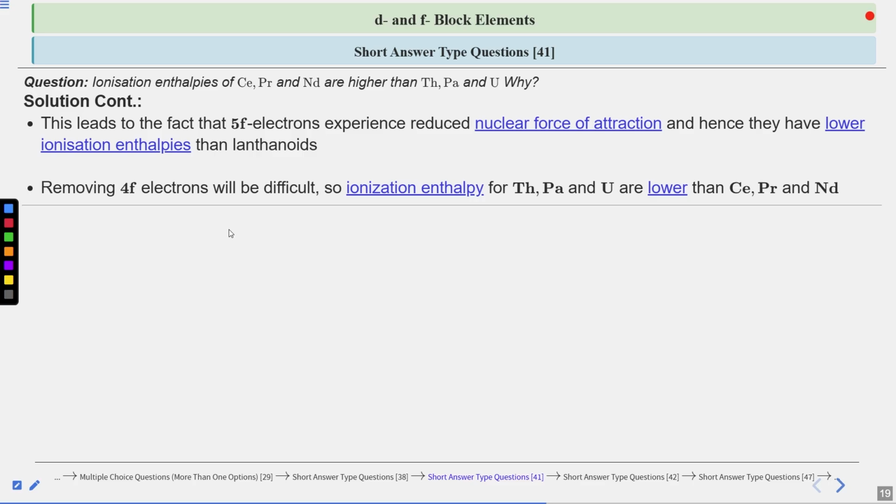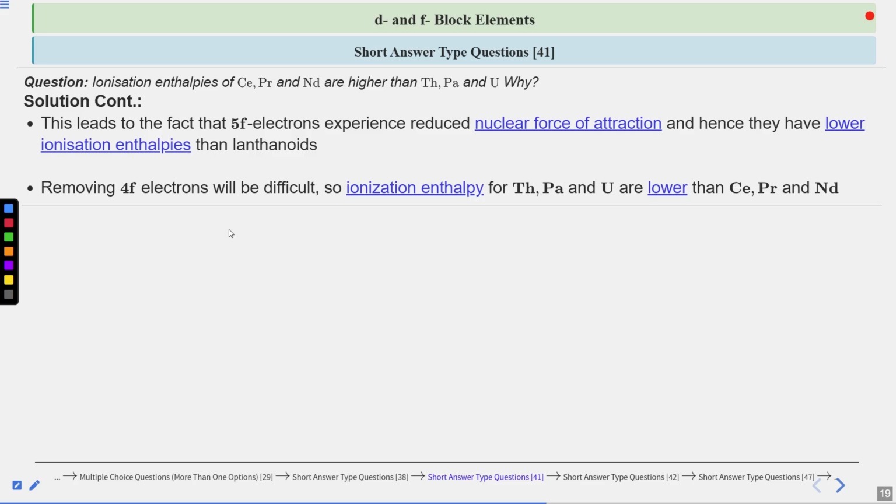Due to this reason, that 5f electrons are less situated at the inner core, that means they experience lesser or reduced nuclear force of attraction, because the 4f orbital is filled first, then the 5f electrons come. Because the 5f electrons experience lesser nuclear force of attraction, the removal of an electron from them is comparatively easier than from the 4f electrons.